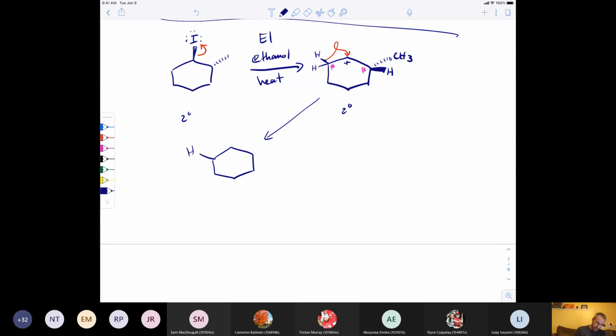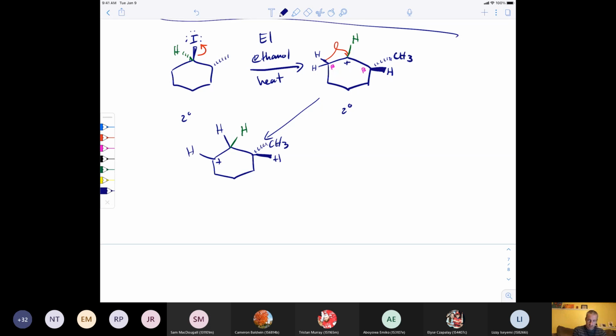Draw it if you like. Then that hydrogen, I'm going to put a green one up here. There was a green one in the original. There's a green one there still. That one shifted. Puts the cation there. That doesn't help.